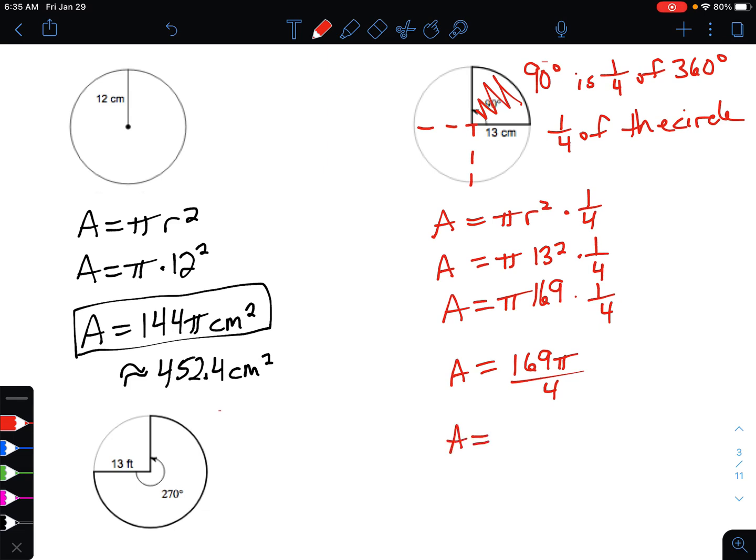If we wanted it as a decimal rather than a fraction, we could call that 42.25 pi, or we could approximate it to get a decimal. It ends up being about 132.7. Now, in all of these cases, we do need a label still. Once again, it was centimeters. So this would be centimeters squared.